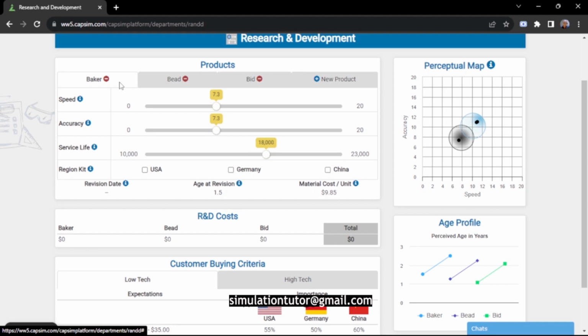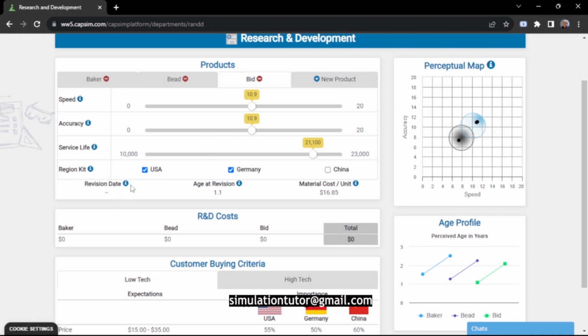So I'll not make any R&D decision in terms of Becker. Also, I'll not make the R&D in terms of Bid, and I'll not make the R&D in terms of Bid. If you look at my revision date, I don't know my revision date because I'm not designing my product. I'll just leave it the way it is because I just want to minimize my costs.